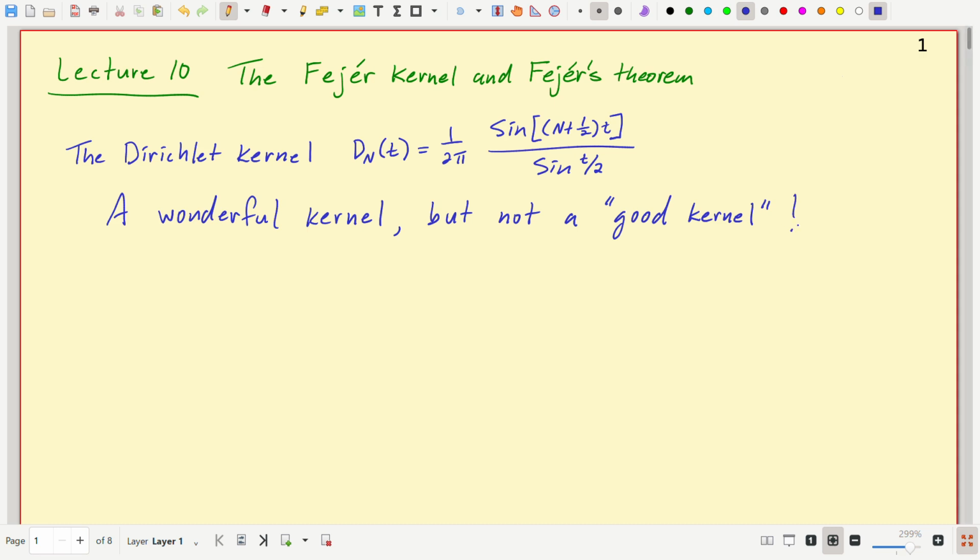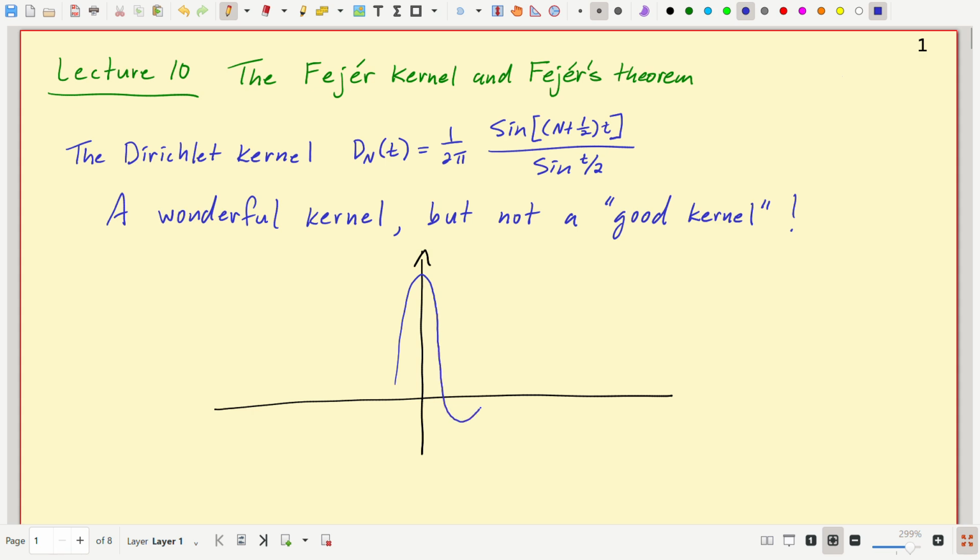Okay, and I graphed a Dirichlet kernel for you a while ago. It looked like this. It had a gigantic peak at the origin, and it went negative and then wiggled and sort of fizzled out as you go that way. That's the Dirichlet kernel.